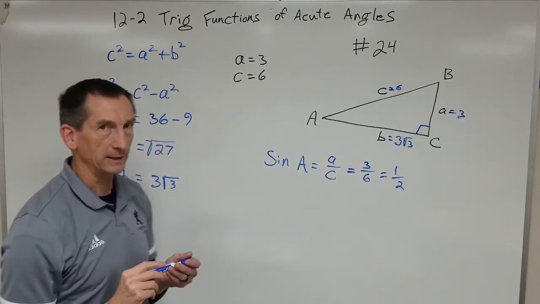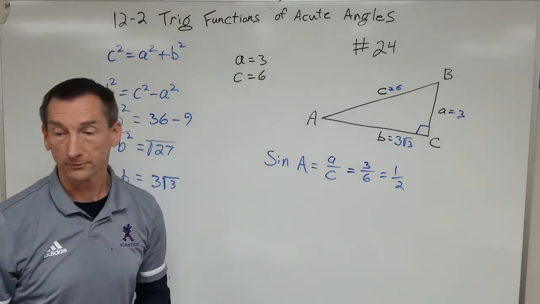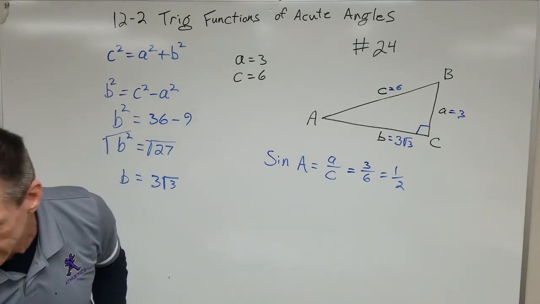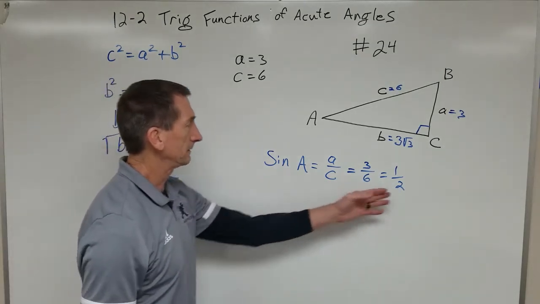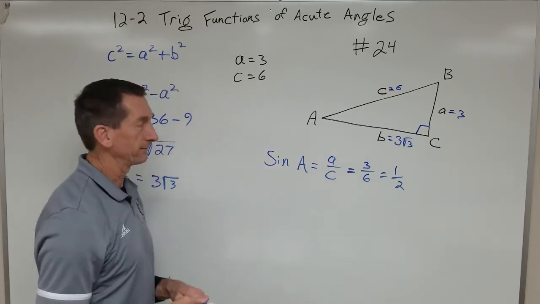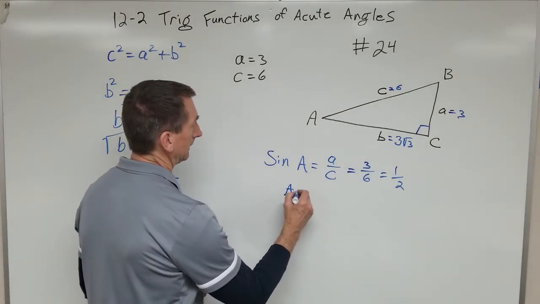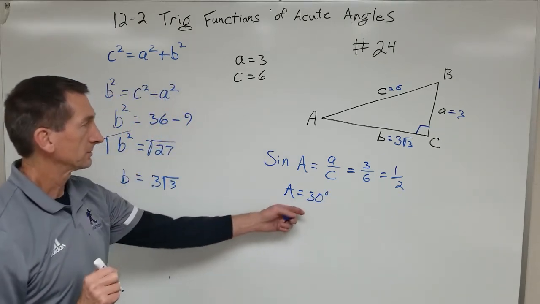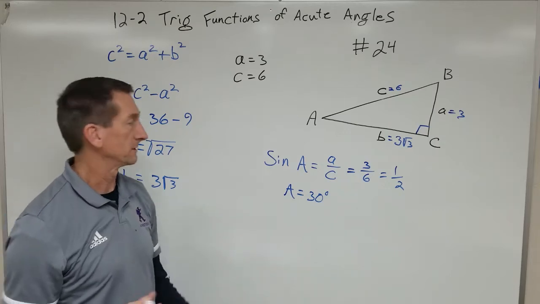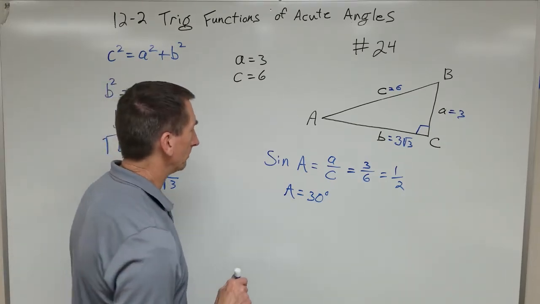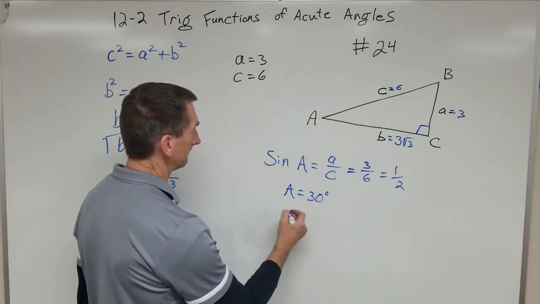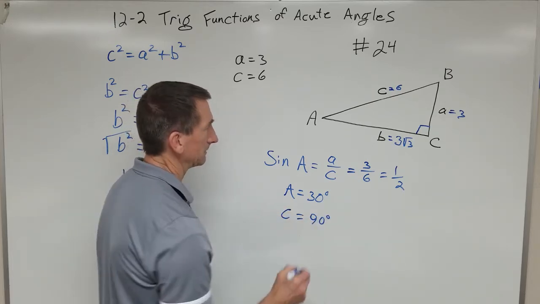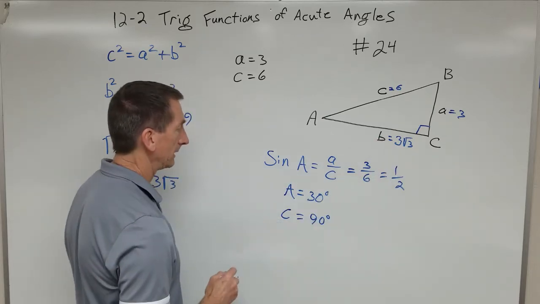Okay, now thinking back to those standard angled triangles that I need to know the information from, it's in that table on page 558. I know that the sine of A equals 1/2 when A is equal to 30 degrees. Okay, so now that I know that, the rest is child's play. So I know A is 30. I know that C, of course, is 90 because it's the right angle of my triangle.